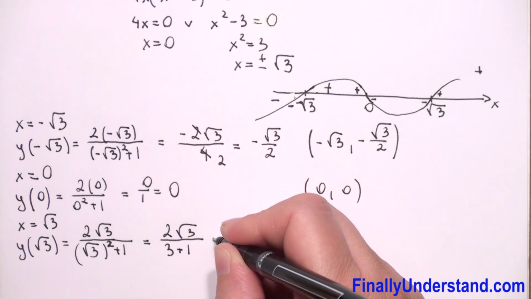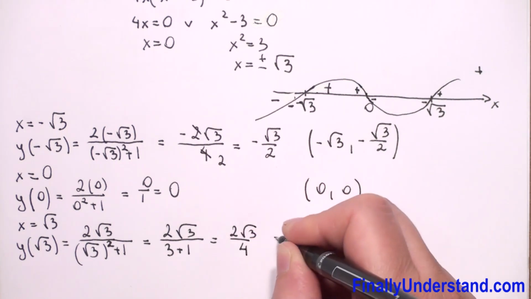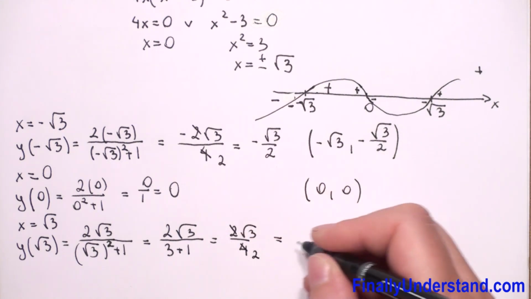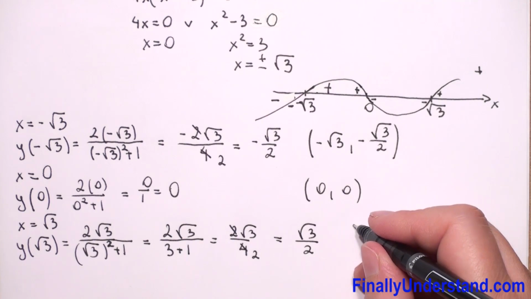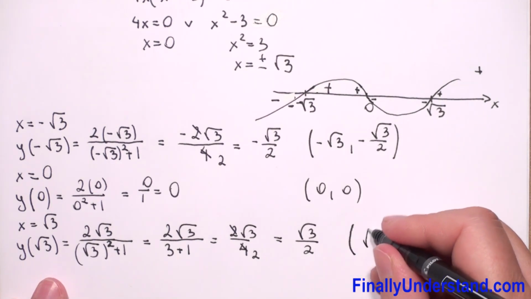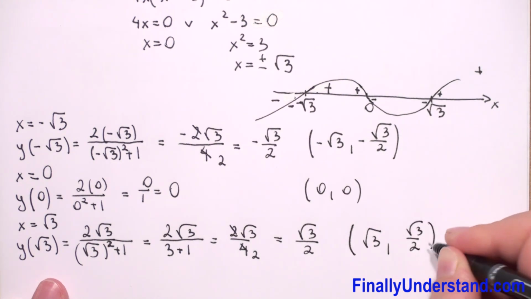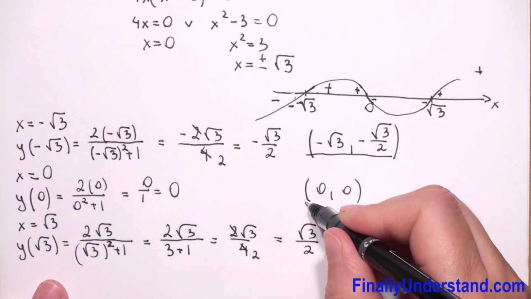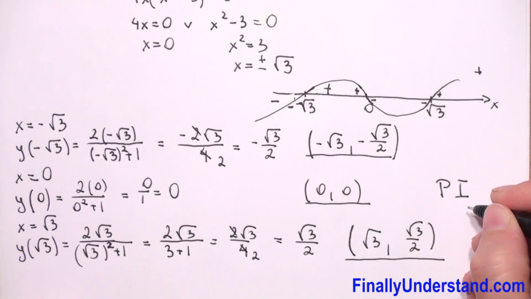So this is equal 2 square root of 3 over 4. 2 and 4 we can reduce, so we have square root of 3 over 2. The third inflection point has coordinates square root of 3 and square root of 3 over 2. This is my solution.